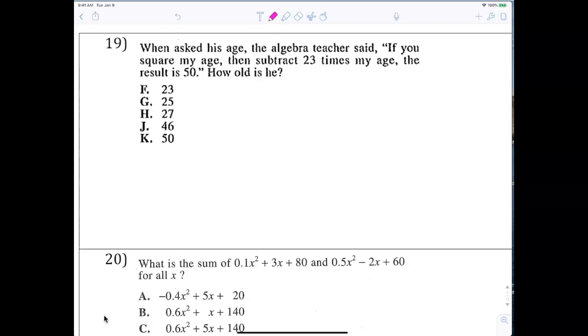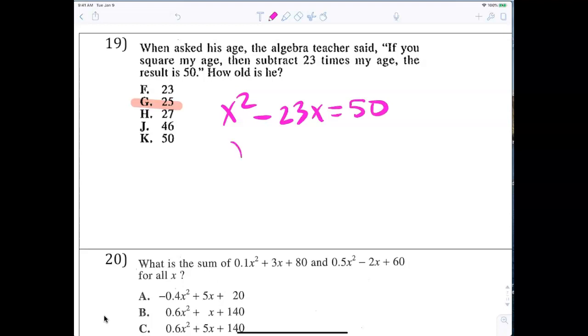So far, 25. Anybody else? You need to do this problem. The algebra: if you square my age and subtract 23 times my age, the result will be 50. You agree with that?